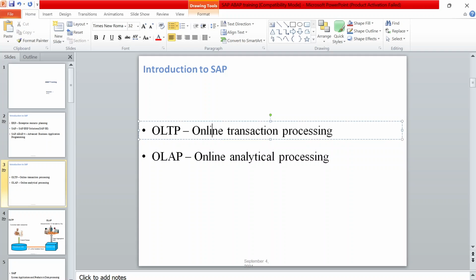Now, what is an OLAP system? Online analytical processing system. This is a separate system which we use for analysis and reporting purposes, to analyze the data.